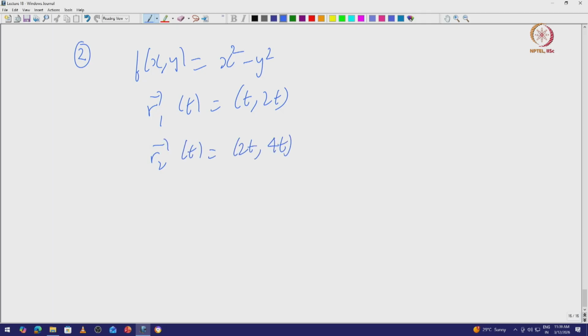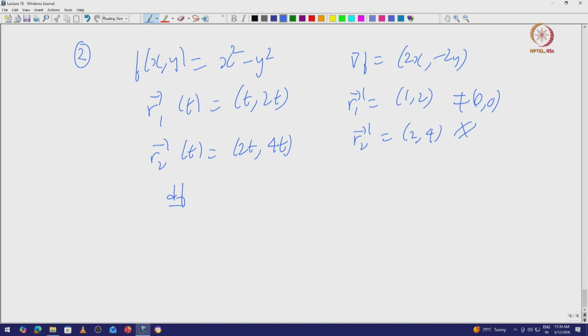What's the gradient of f? It's 2x and minus 2y. What are the derivatives of these paths? It's 1 comma 2. This one is 2 comma 4. And neither is 0, 0. So both paths are regular paths.